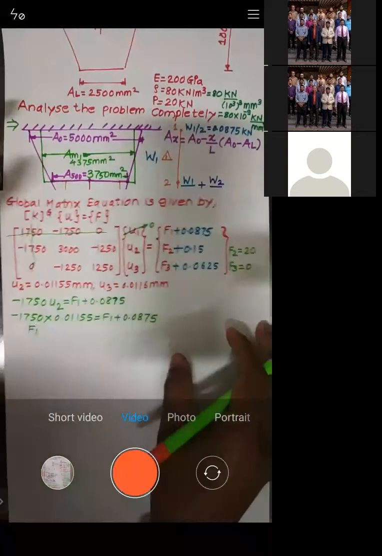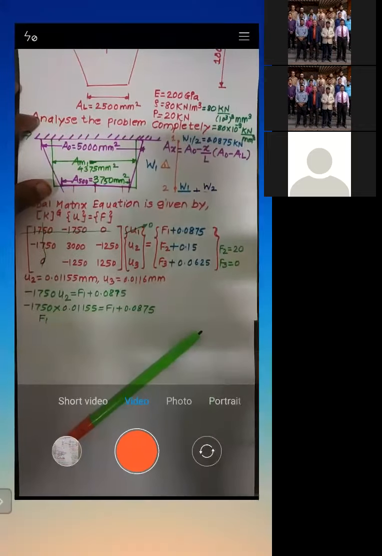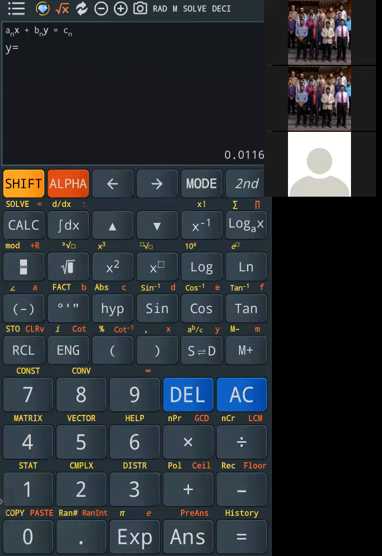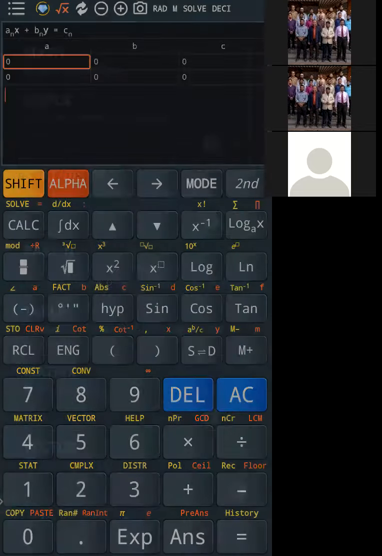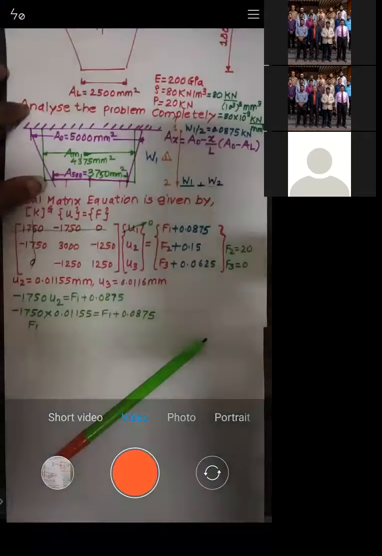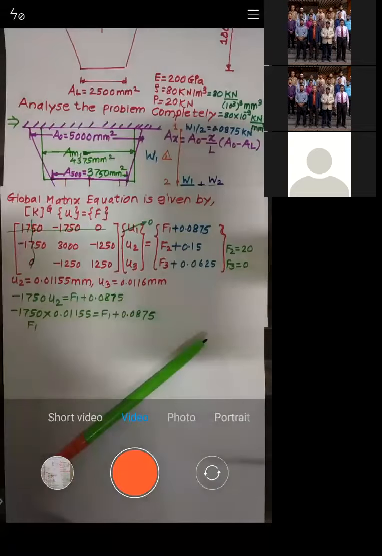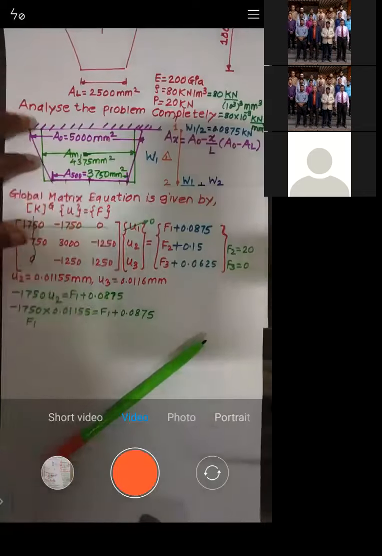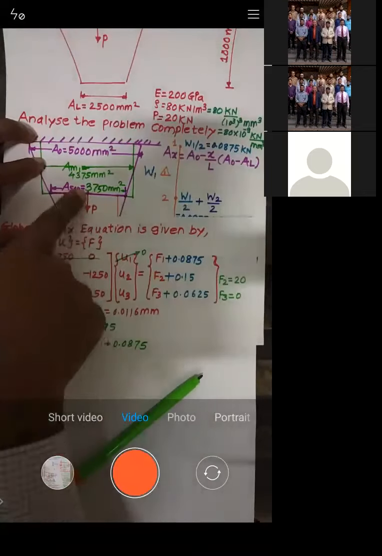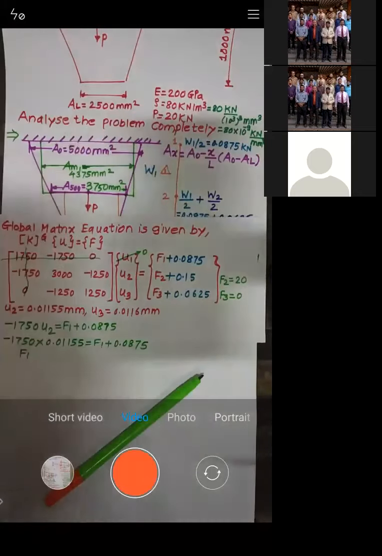F1 should come as minus 20. It should come as minus 20, simple, because this is plus 20, so to balance this plus 20, obviously minus 20 should be generated at node 1.